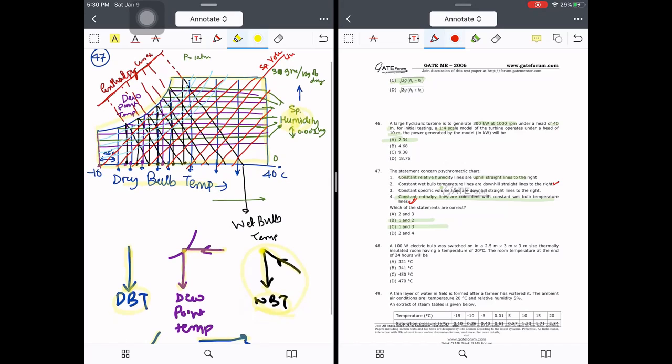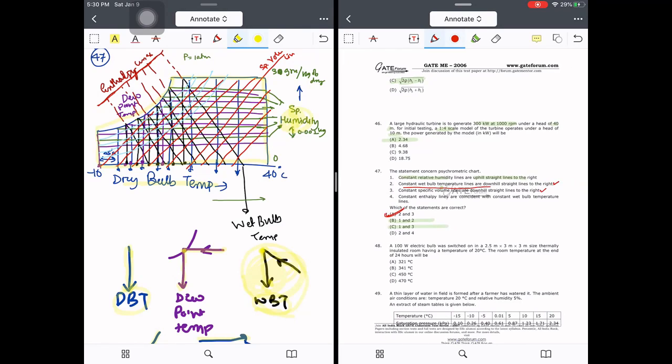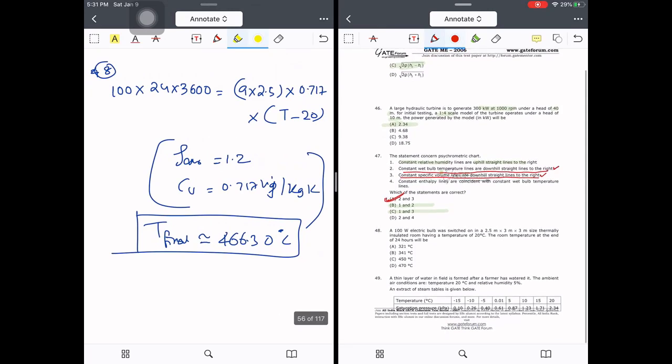Constant specific volume coincides with constant wet bulb? Constant wet bulb temperature lines are somewhere like this, right? So statement 4 is not a correct option. Rather, 2 and 3 are correct. So the correct option for this will be 2 and 3: constant wet bulb temperature lines are downhill straight to the right, and constant specific volume lines are downhill straight to the right. So 2 and 3 is the right option.